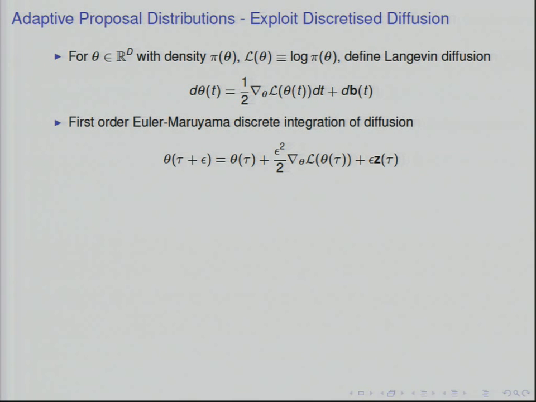So the standard kind of first order case would be to use an Euler-Maruyama integration. So we just have a step size epsilon, and we build up the overall path of the diffusion in this manner here.